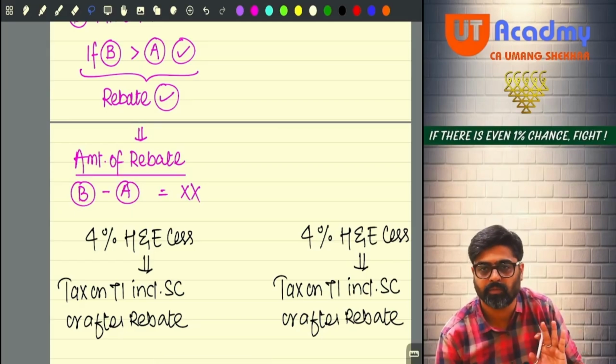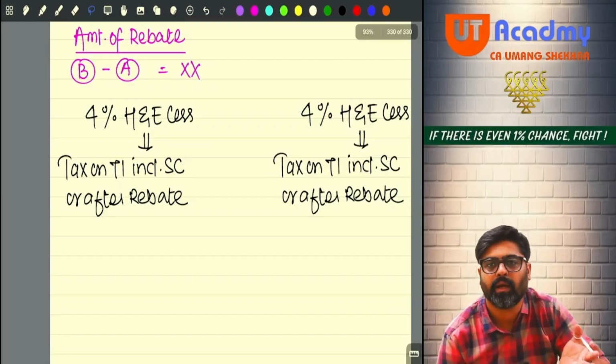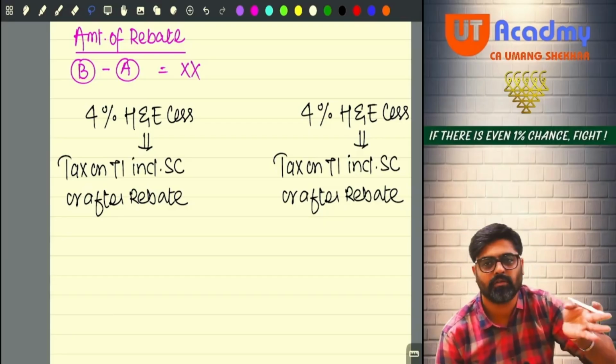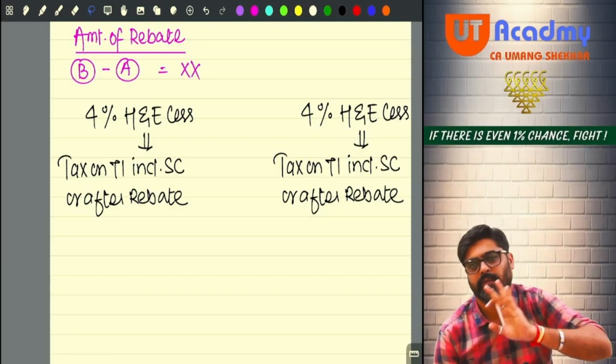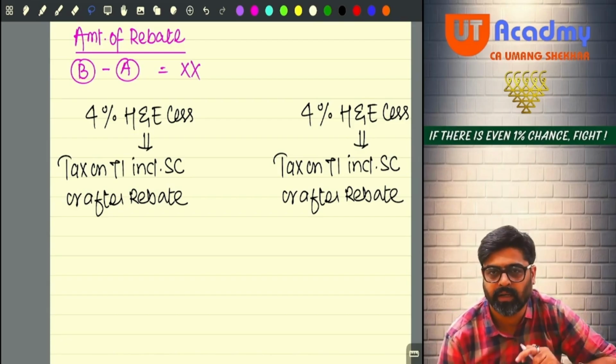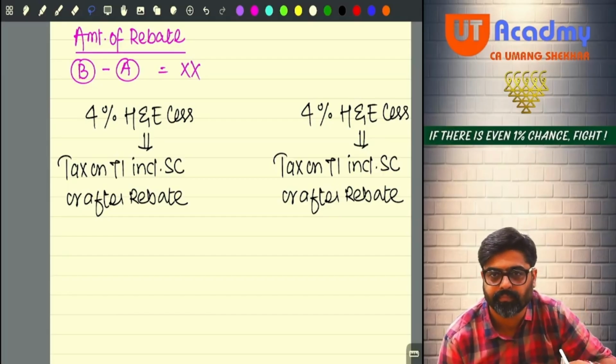Don't forget to apply this 4%. Now you are going to get gross tax liability. Out of that gross tax liability, reduce TDS here also, TCS here also, advance tax, relief, everything is same. Then finally the net tax liability will come or refund will come.